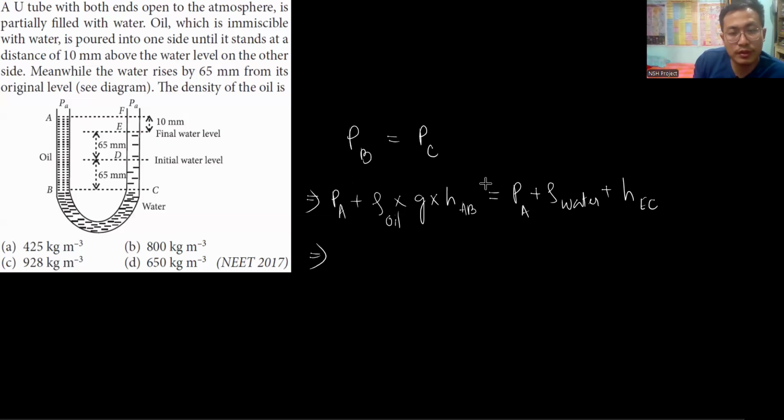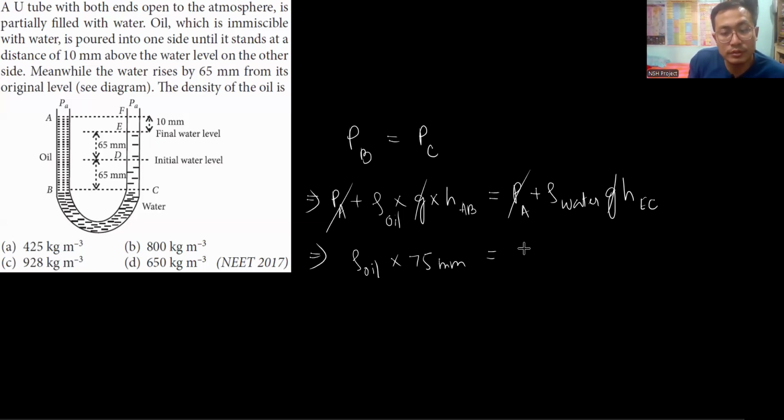So very simple. The density of oil into Z into H, and the height is 65 plus 10, which is 75 mm.